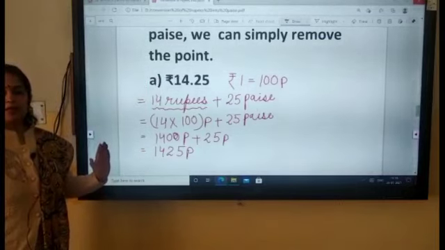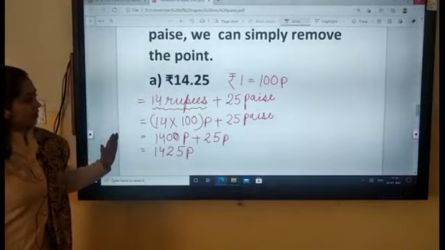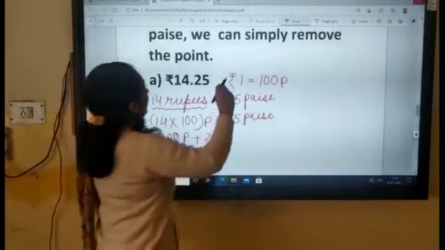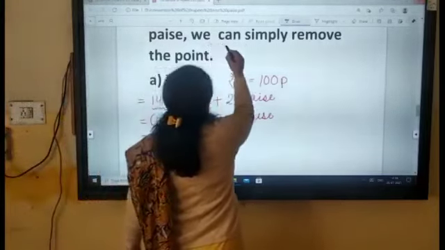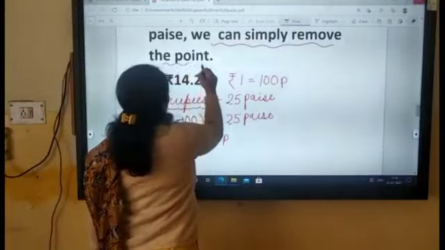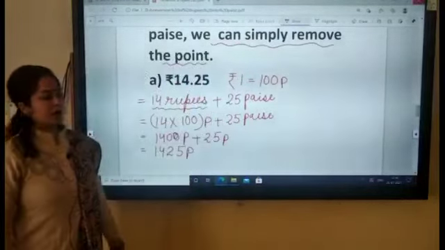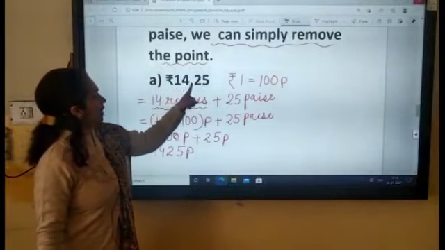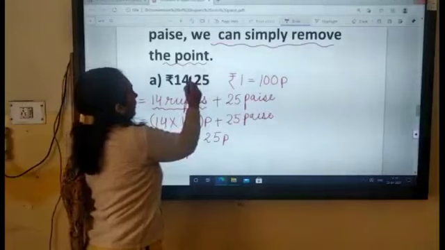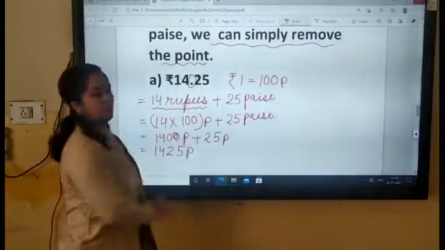Okay, this is the one way of converting rupees into paise. And as I told you, we will solve this question with second method also. And what is that? We can simply remove the point. Means if we want to convert this given amount of rupees into paise, we can simply remove this point.